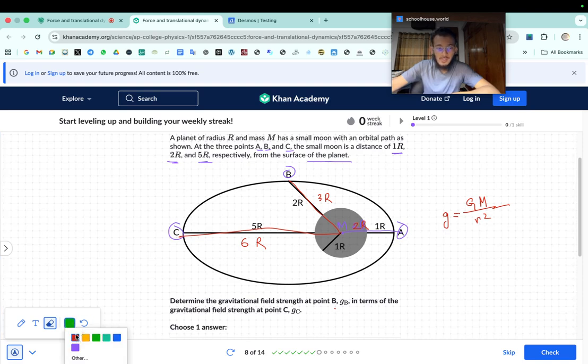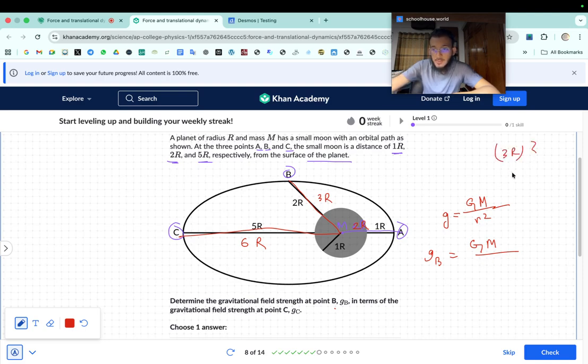So first we find the gravitational field strength at both points. For B, gB would be GM divided by 3r squared, which is 9r squared.